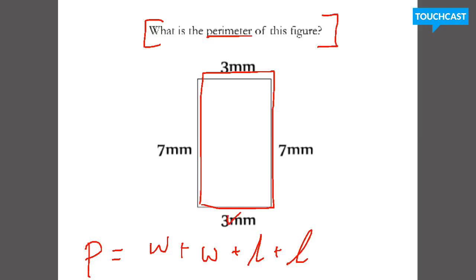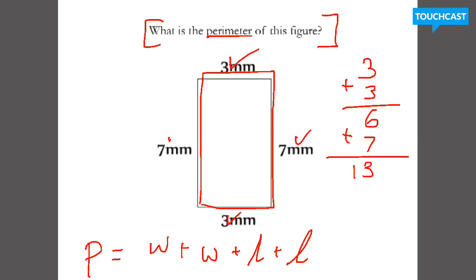So, width plus width equals 6, plus length equals 13, plus second length equals 20. So the total perimeter was 20 millimeters.